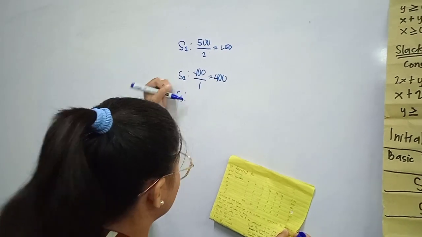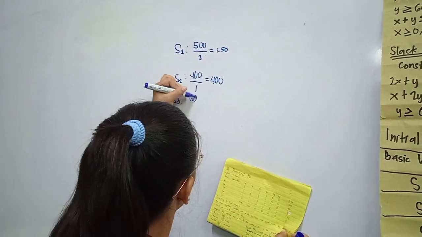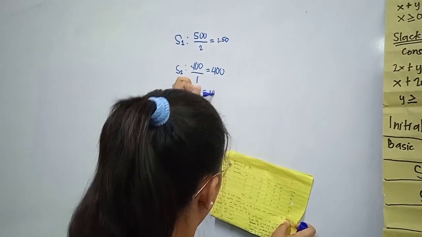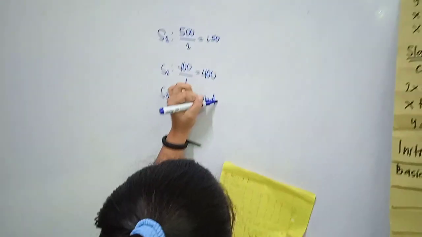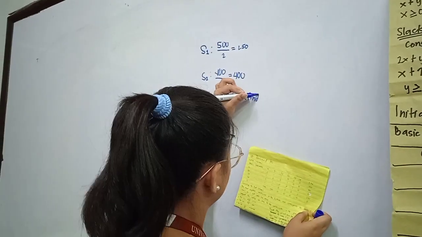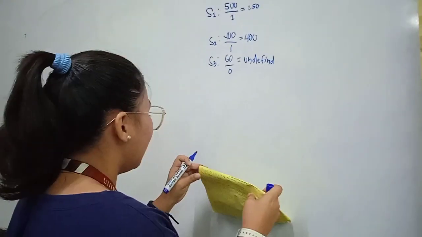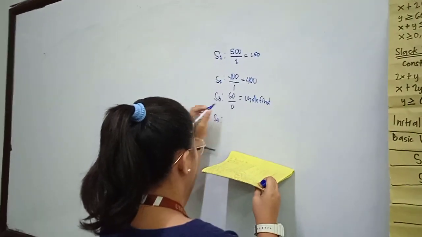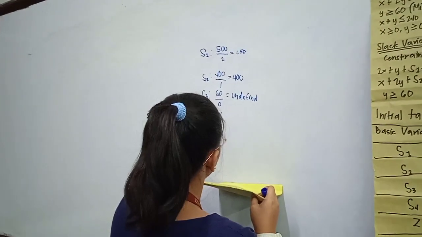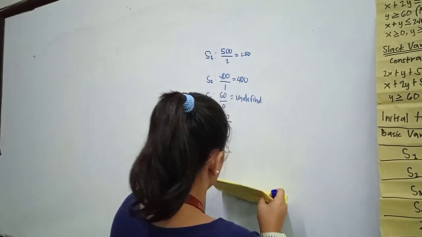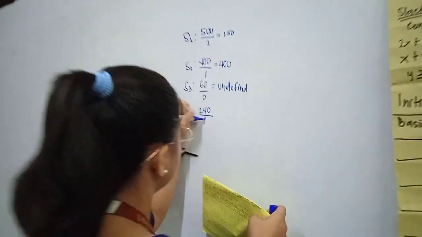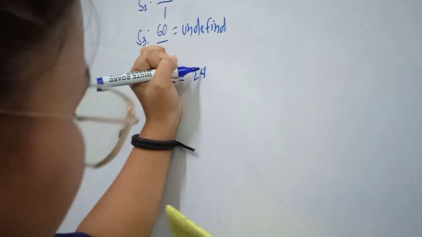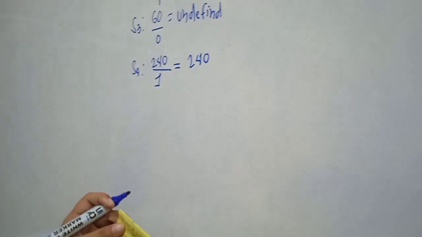S3 is 60 over 0, which is undefined. S4 is 240 over 1 equals 240.